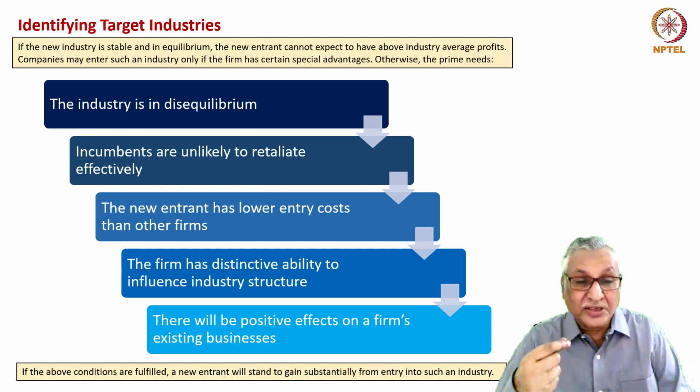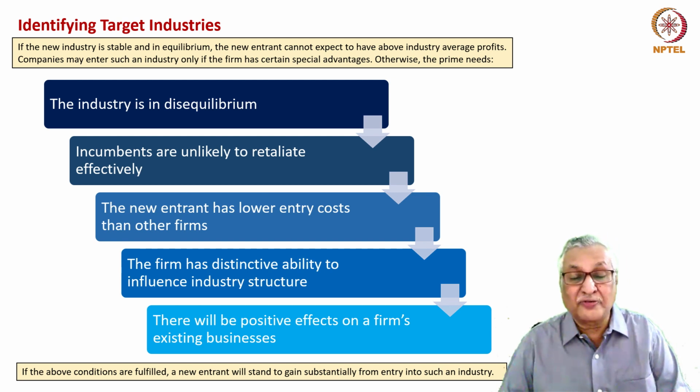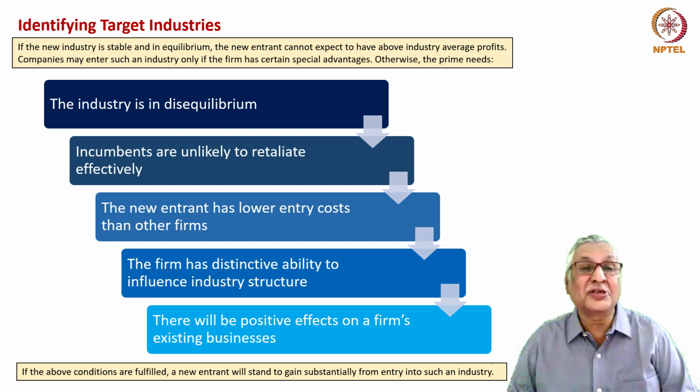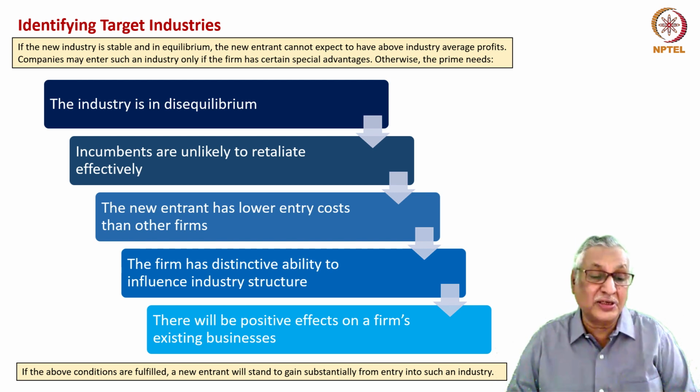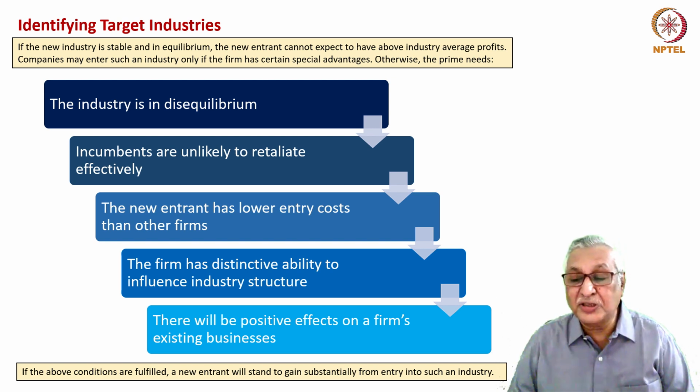They could acquire various other companies which are using digital platforms. They could make bolt-on acquisitions in the product space as well because they are strategic adjacencies and strategic go-forwards for the information technology industry, which is highly successful in India out of the global delivery model. If the above conditions are fulfilled, a new entrant will stand to gain substantially from entry into such an industry.